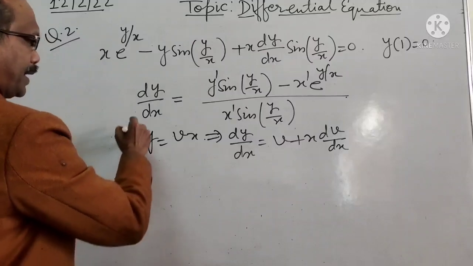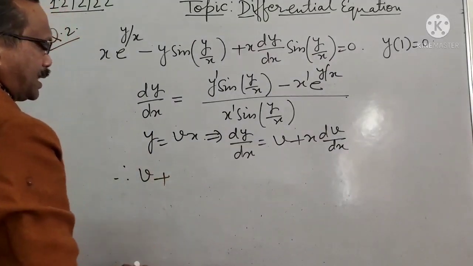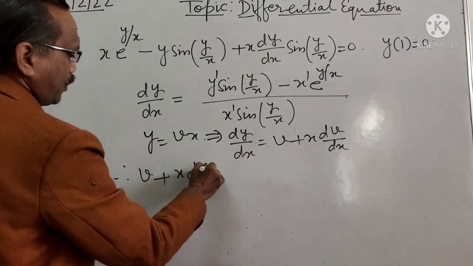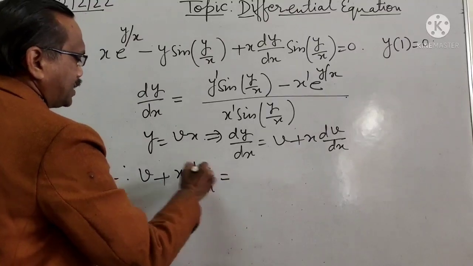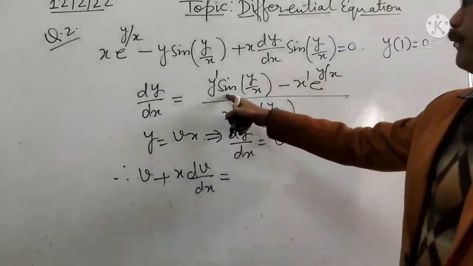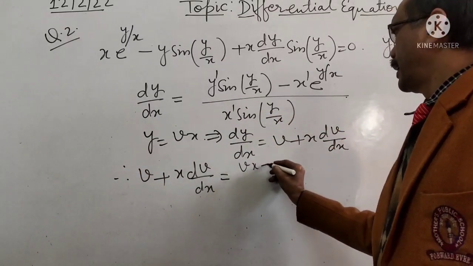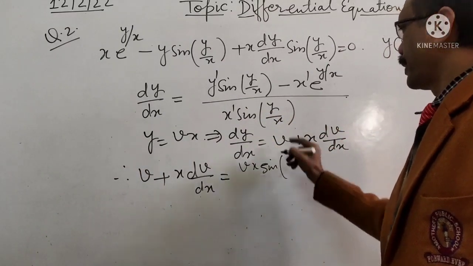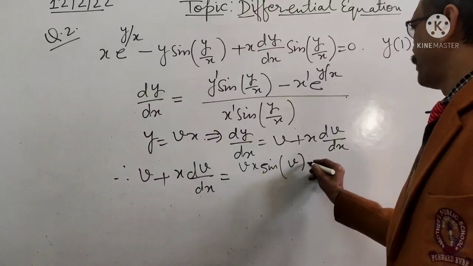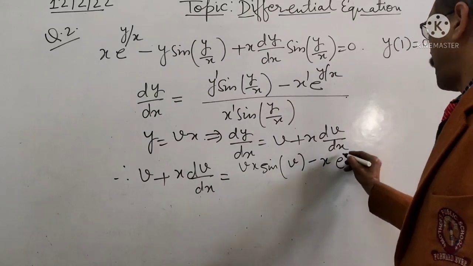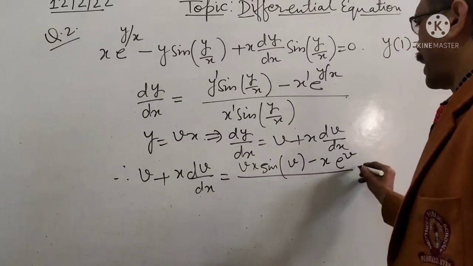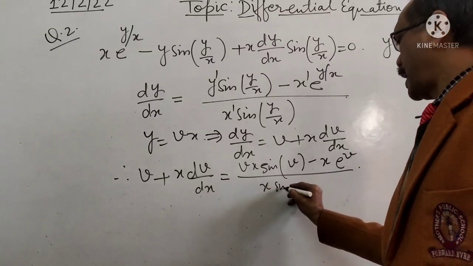Therefore, it is v + x dv/dx is equal to v sin(y/x) which is v, minus x e^v divided by x sin v.